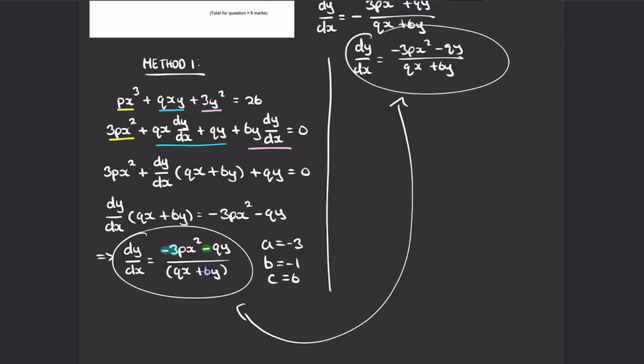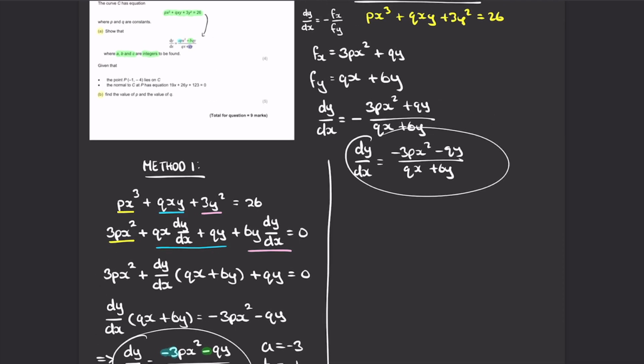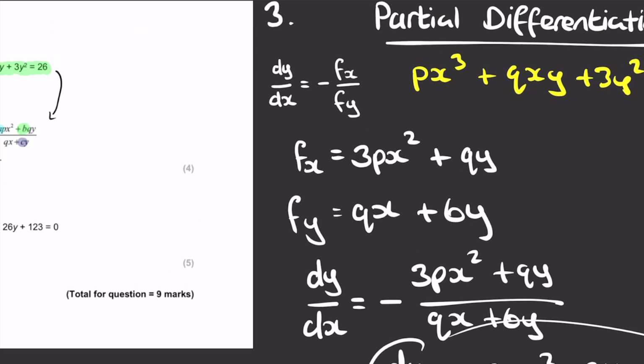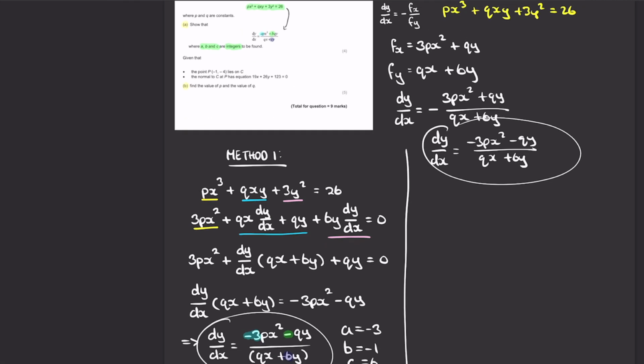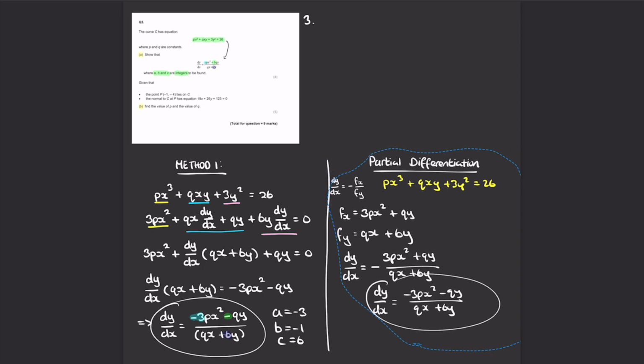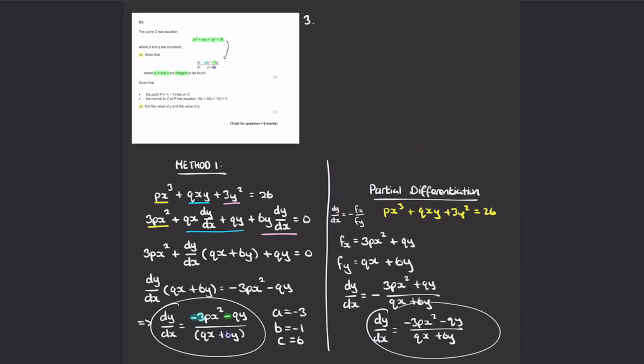However, I personally think that the partial differentiation method is simply easier, just because you only have to find two things and then sub it into a general formula, which is over here, and you get your answer. So those are the two methods. I'll place them down over here. If you just want to screenshot them or something, you can.